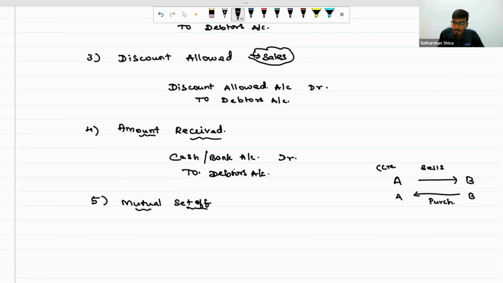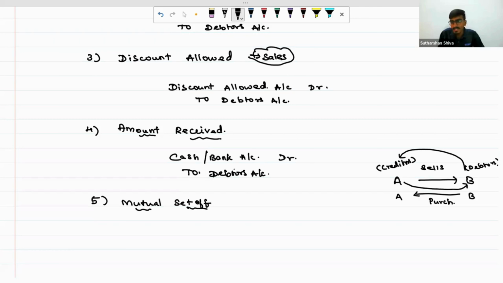Here, from one point of view, one will be a creditor and the other will be a debtor. From B's point of view, A will be a creditor. From A's point of view, B will be a debtor.